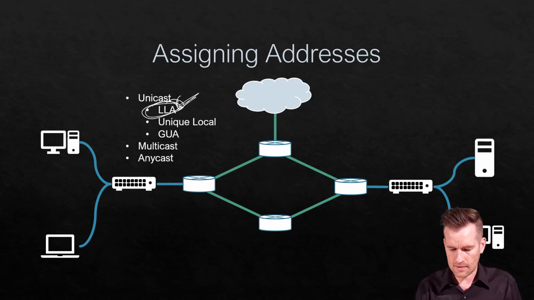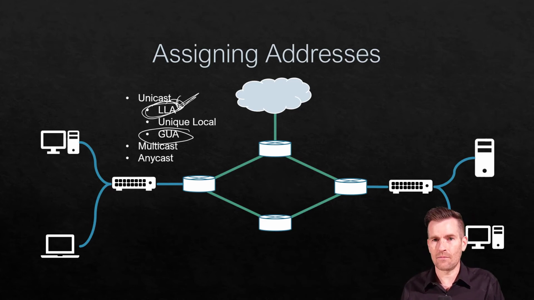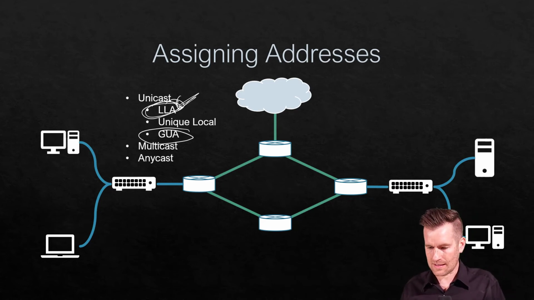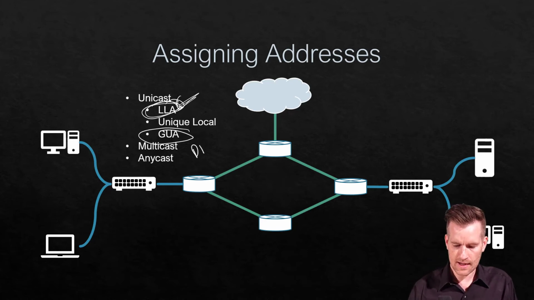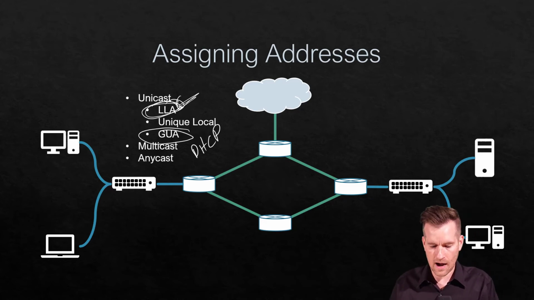The other one that I just want to mention is the global unicast address. The global unicast address can be assigned several different ways. One is that we could statically assign an address to a machine, and then that will be the address that it uses. The other way is DHCP. We talked a little bit about it. DHCP is an IPv4 protocol used to assign addresses to a machine so that it can get out to the internet.